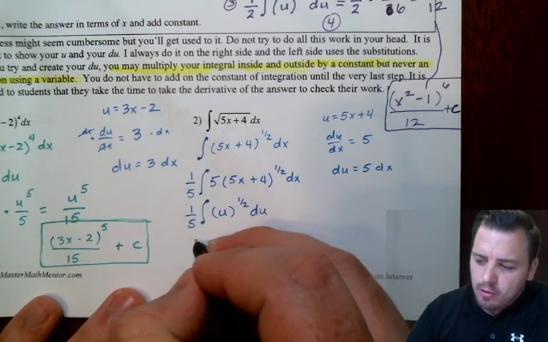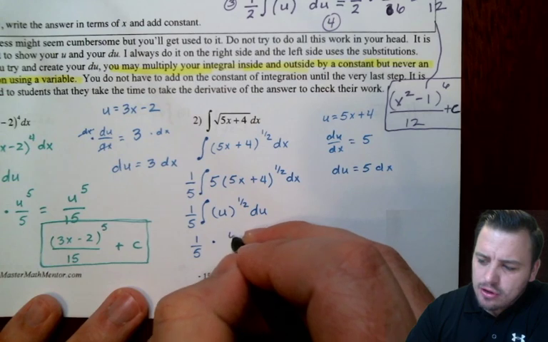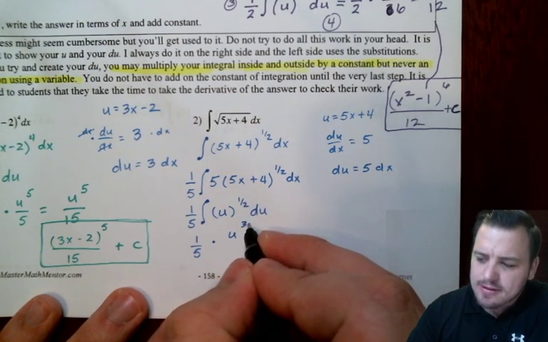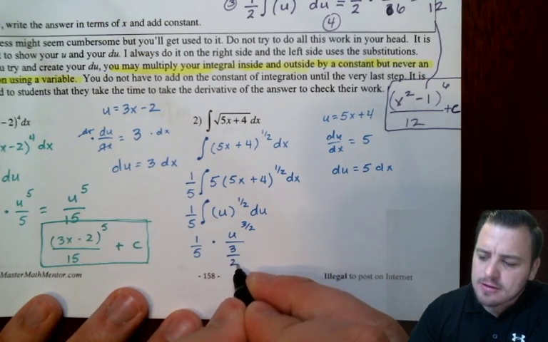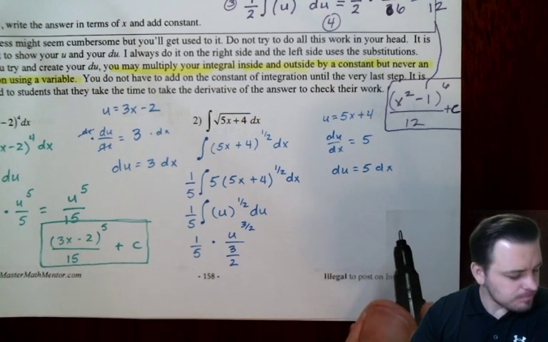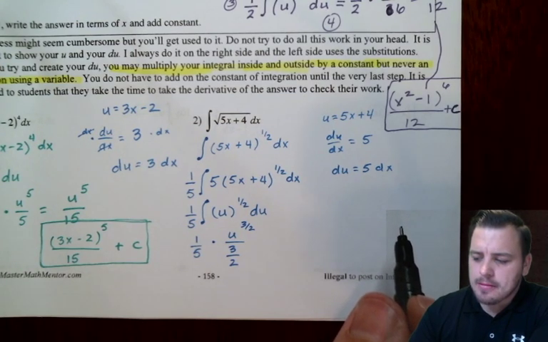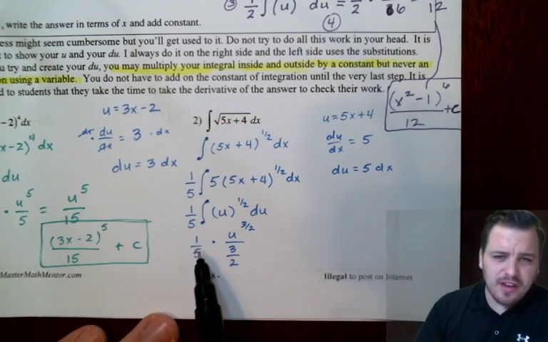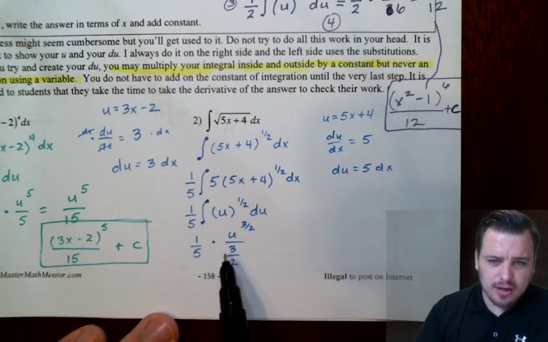So that would be 1/5 times u. You add 1 to 1/2, which goes to 3/2. And then we put that as the denominator as well. Okay? So 1/5 times 1 over this right here, okay?